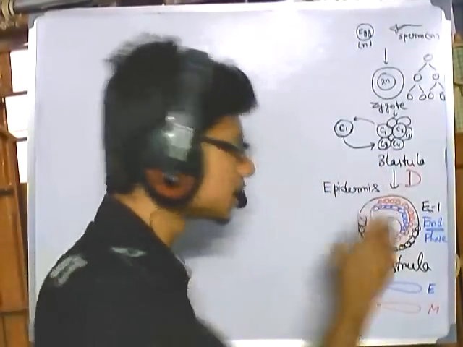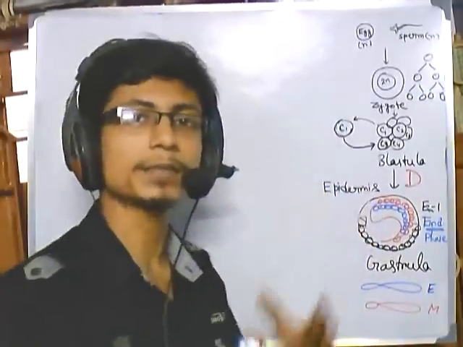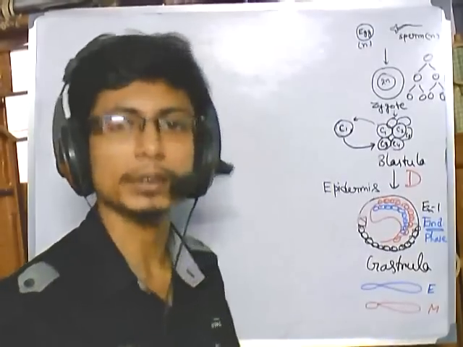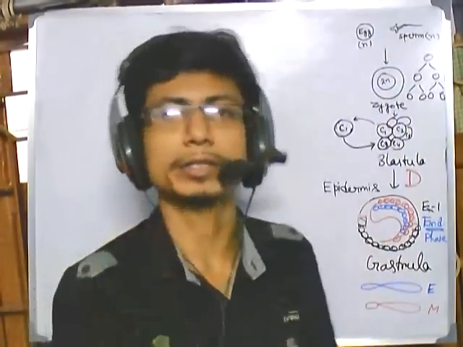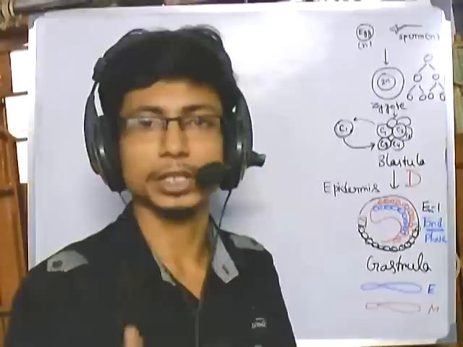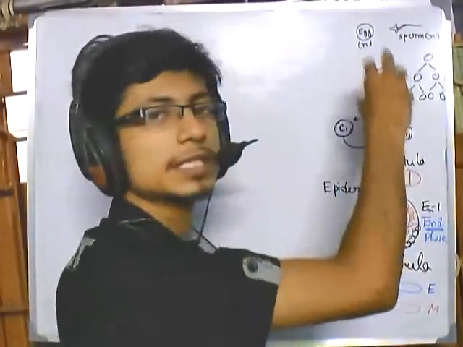So these three layers are generated. From those three layers of cells, different types of tissues are generated during the embryogenesis. The whole picture we have talked about is called embryogenesis. Embryogenesis means the production and maturation of a fully functional embryo from one cell which was previously a zygote.